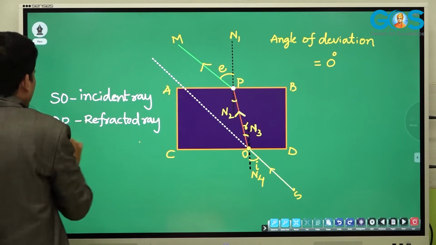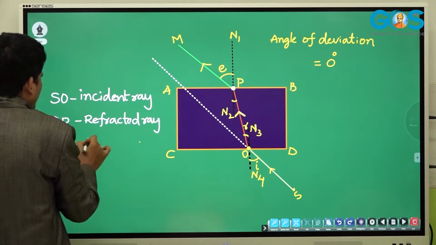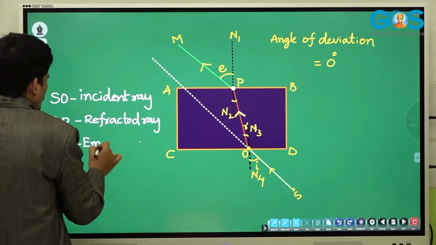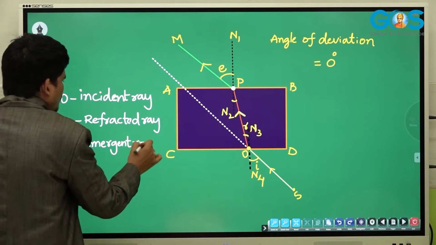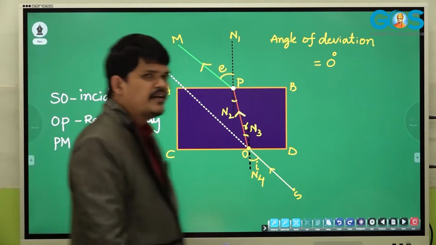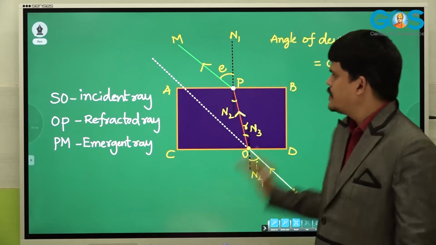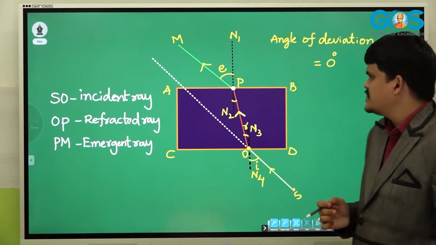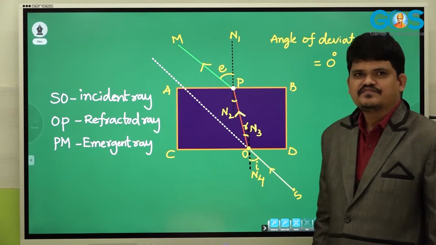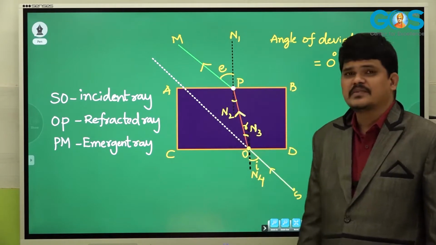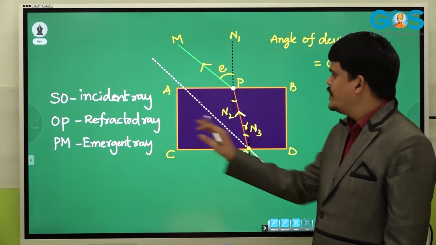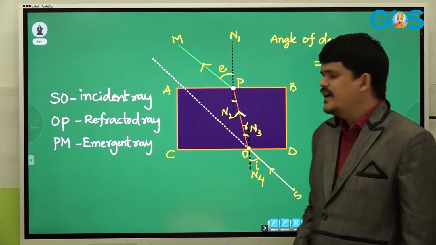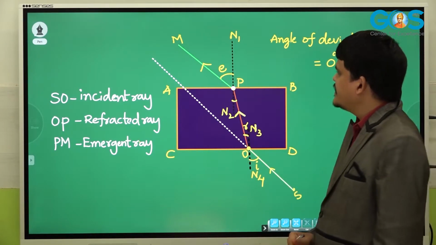Now PM, emergent ray. So we have named all the rays which are present in the figure. SO is an incident ray, OP is the refracted ray, and PM is the emergent ray.